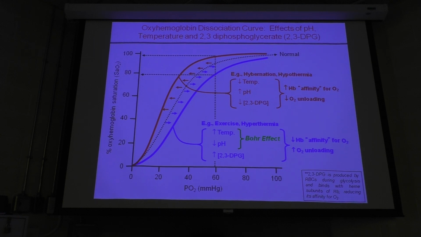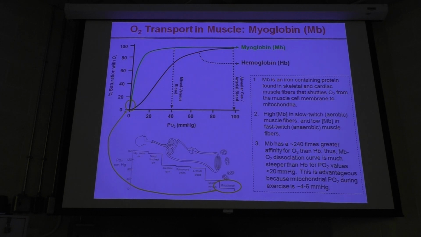And so this will increase the affinity of hemoglobin for oxygen and decrease oxygen offloading. For example, this is in part how hibernating bears are able to sustain their metabolism throughout the winter period, because they can really slow their metabolism and they take advantage of this upward and leftward shift of the oxyhemoglobin dissociation curve.